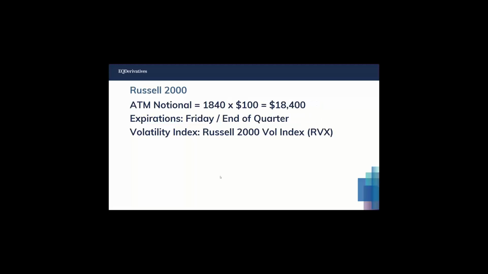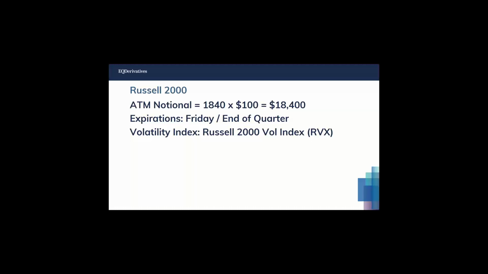And then finally, the Russell 2000, the most volatile of these. Unfortunately, there are not as many expirations available. I poke the folks over at CBOE every once in a while and say, let's add some Mondays and Wednesdays just so we can do some more strategies. You do have Friday options. They're PM settled except for the third Friday.